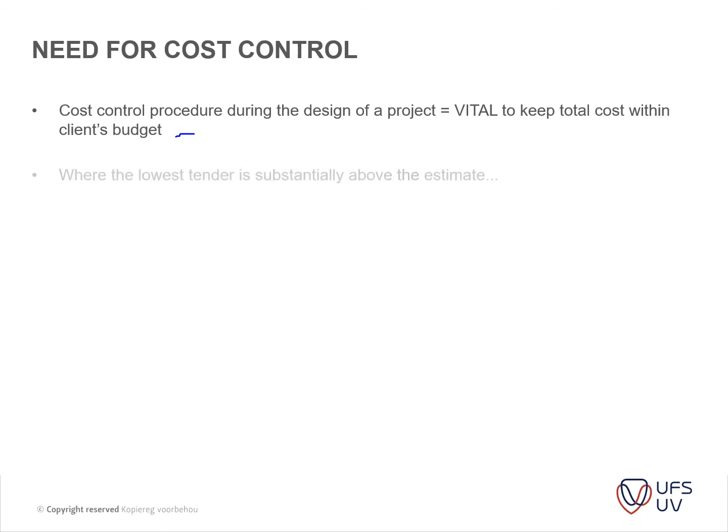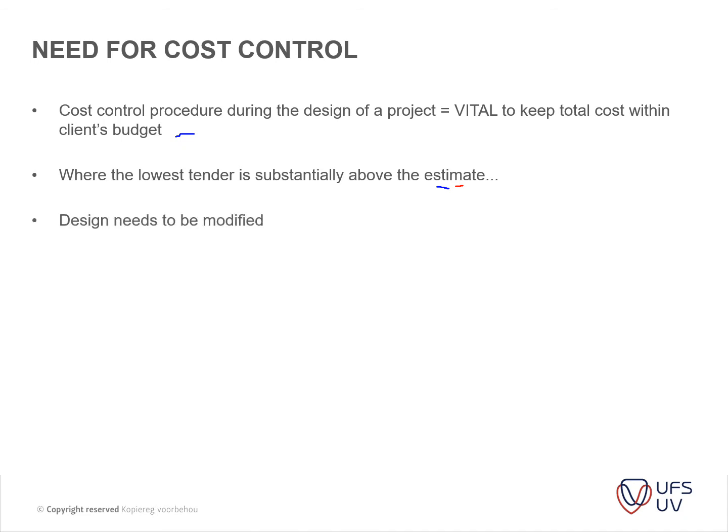And where the lowest tender is substantially above the estimate, one should really have a relook at the sizing and estimation of that project. This is the area where you don't want to be, where the tenders come back higher than the budget of the client.